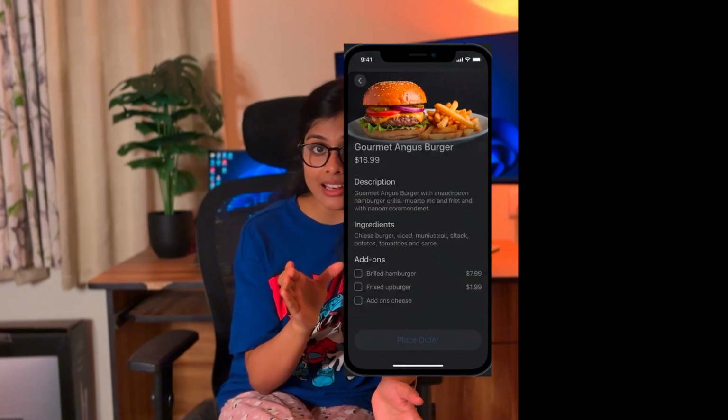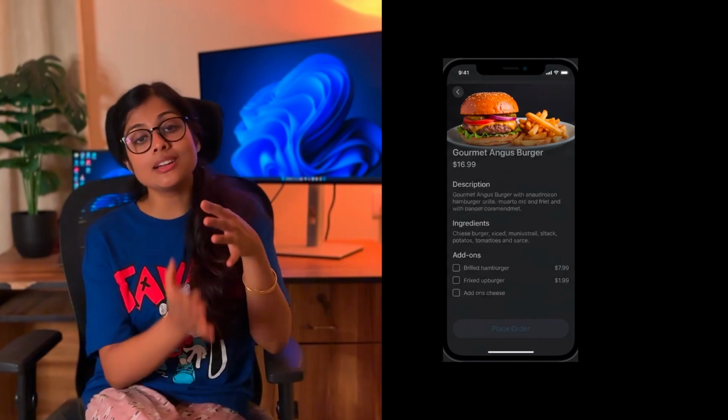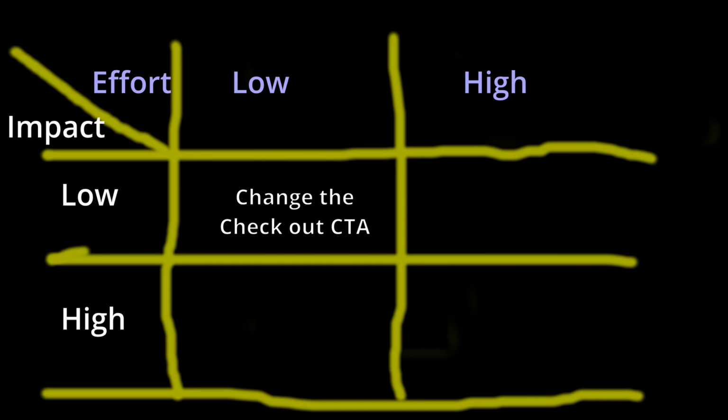His argument is that the current checkout CTA design and color is not visually prominent enough, so he wants to change the color and the design. This is a relatively low effort test and the result is not known at this point, but we can gauge that it can be between low to moderate.